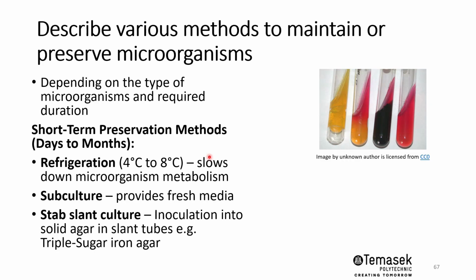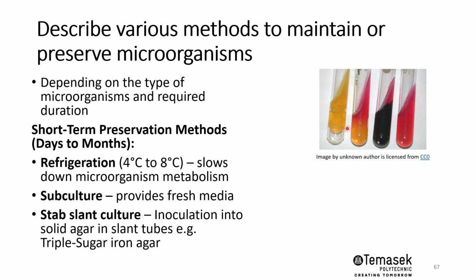Subculture is also possible. We talked about subculture in earlier slides. By doing subculture, especially if it's liquid broth or liquid media, we can subculture the microbes into fresh media to keep them going. The third point here will be using a slant culture or stab slant culture. The slant culture will be similar to a triple sugar iron tube like this. In this case, you directly inoculate into the solid agar in the slant tubes, such as TSI agar.